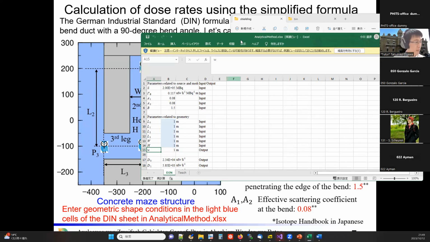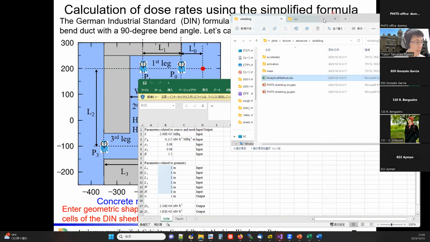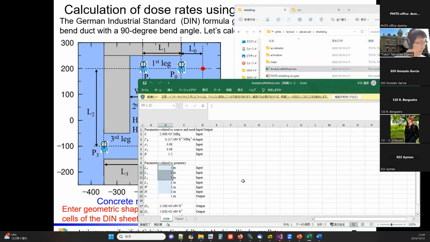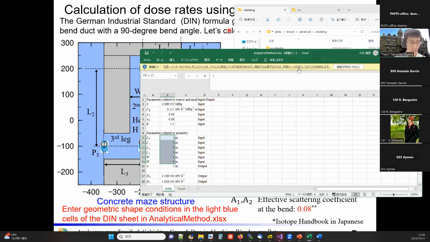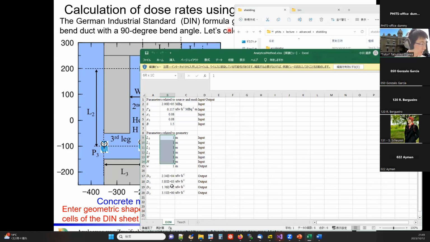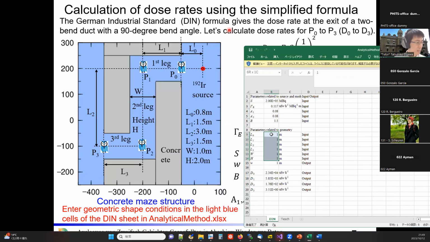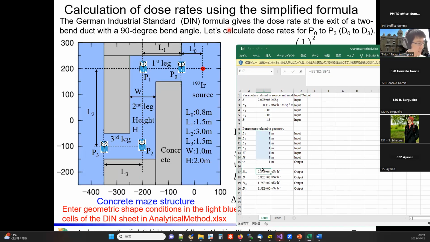So please open the analytical methods .xlsx spreadsheet, entering the length of this maze, and then let's calculate the dose rate at P0, P1, P2, and P3. So as a first exercise, please try to enter distances and dimensions in this spreadsheet, and calculate D0 to D3. Please try.